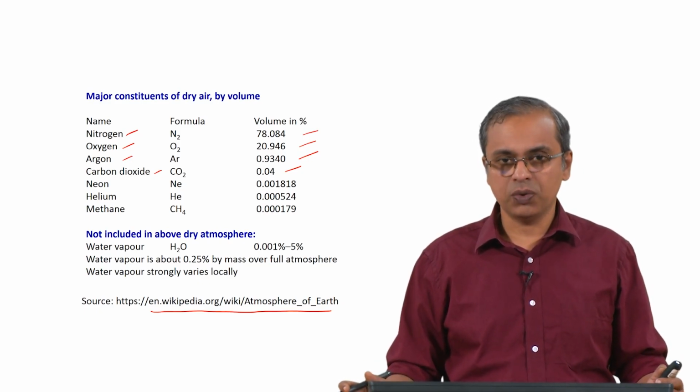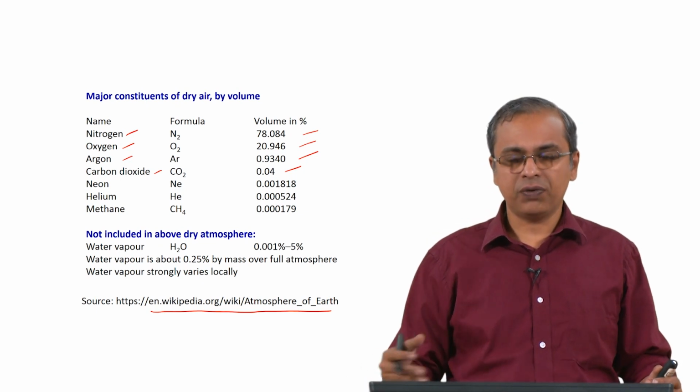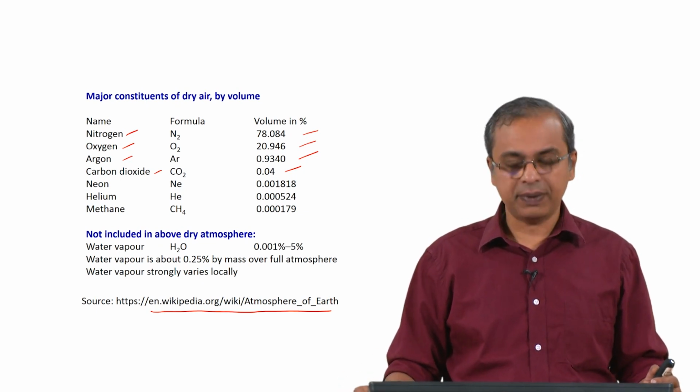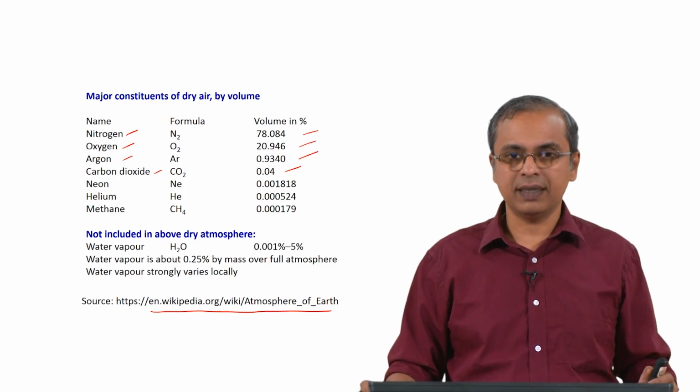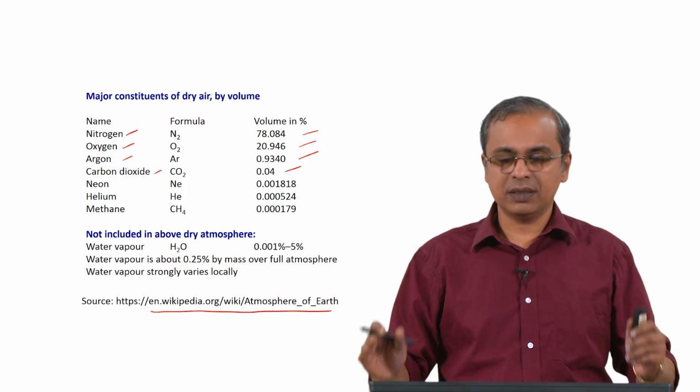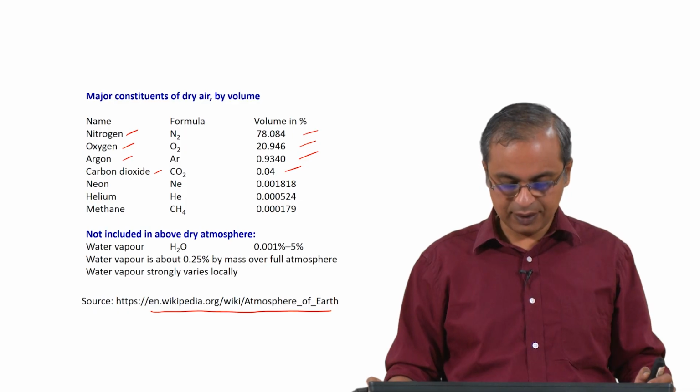We are only looking at CO2, and we are not looking at the effect of any of these other gases. We will just assume that they are inert or at least non-participating factors in this calculation.